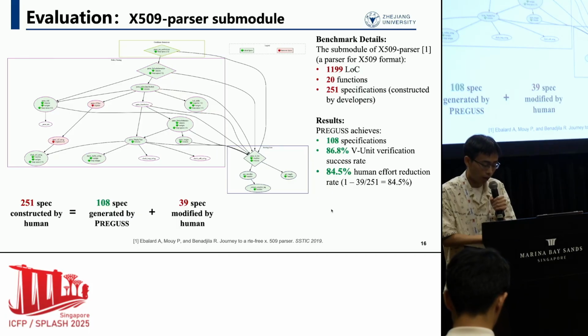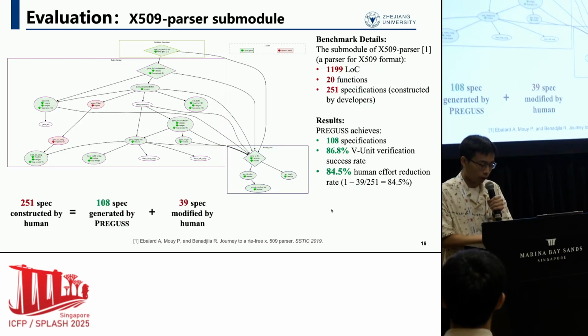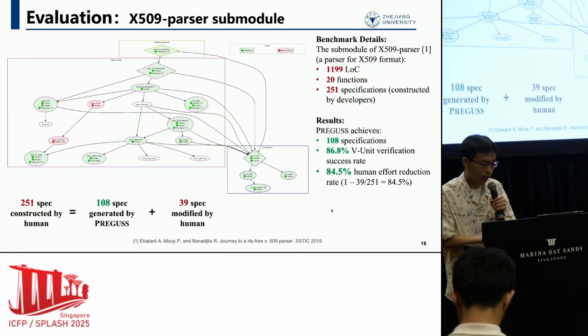Ultimately, a human expert only needs to modify 39 specs based on Preguss outputs to complete the full verification. This means Preguss reduced the human effort by 84.5%, demonstrating high automation and scalability.